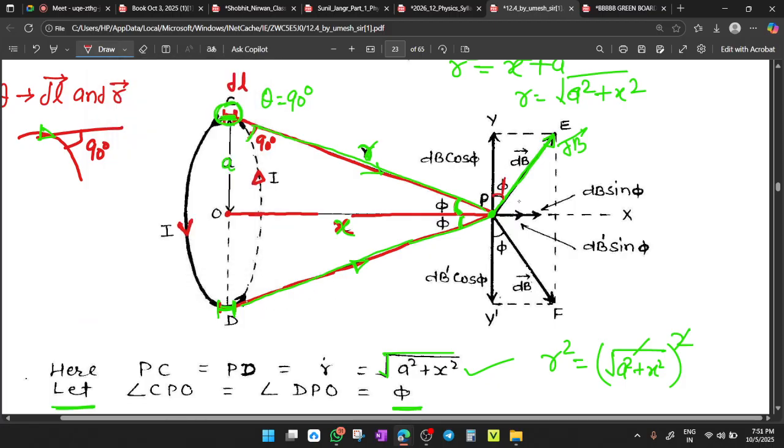Similarly here, if the R vector makes an angle phi, then the dB vector will be exactly perpendicular to the R vector, but it will make an angle phi with the y-axis.